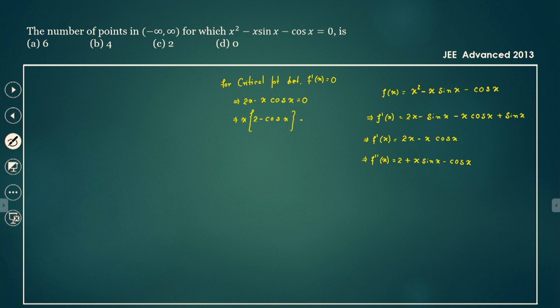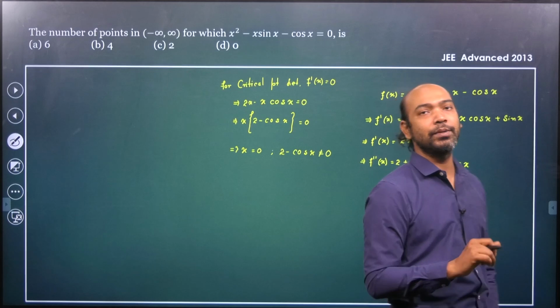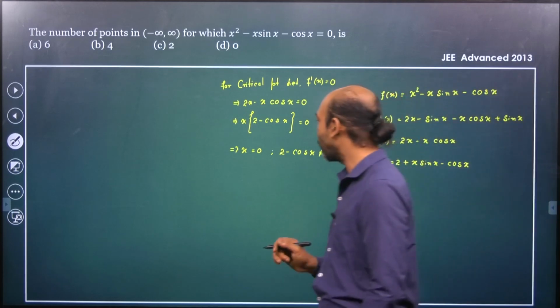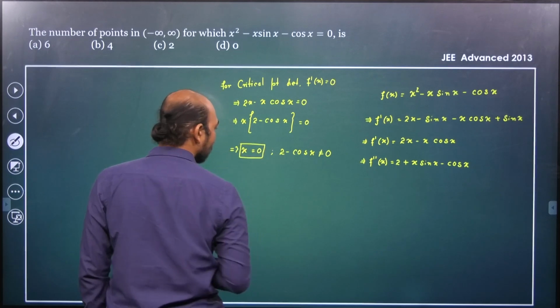Now this implies x is equal to 0. Why? Because 2 minus cos x cannot be equal to 0. If 2 minus cos x were 0, cos x would be 2, but cos x lies between minus 1 and plus 1. So for this problem we have one critical point, x equal to 0.